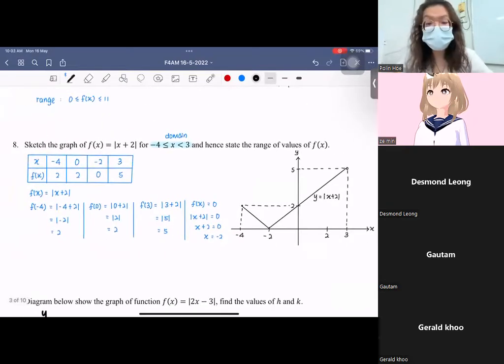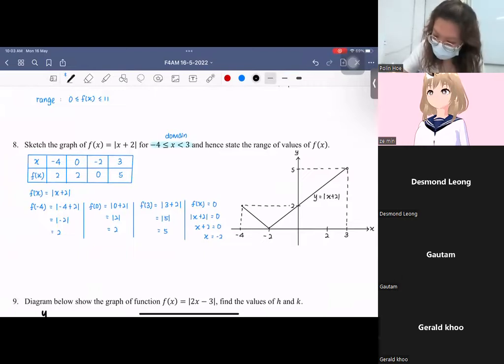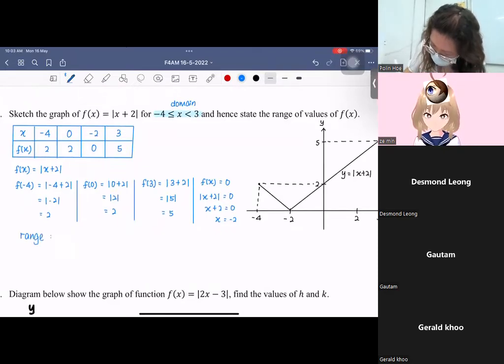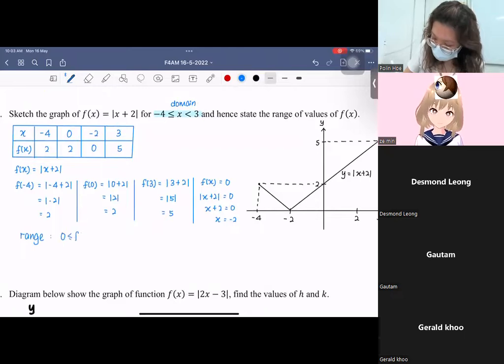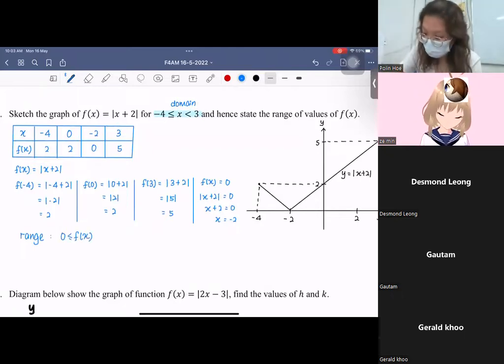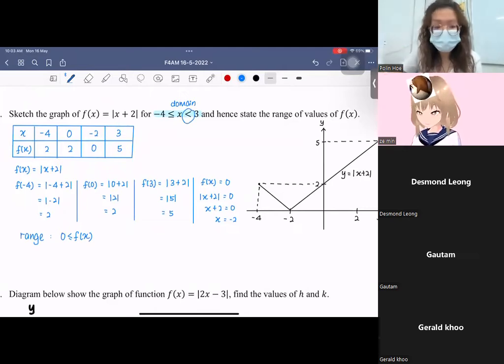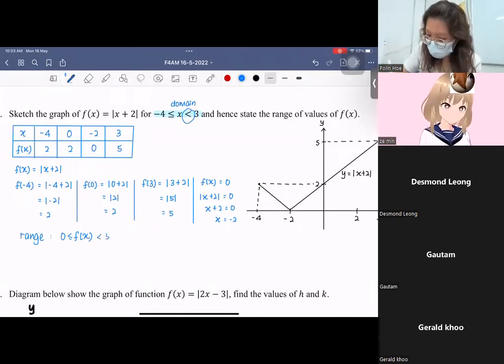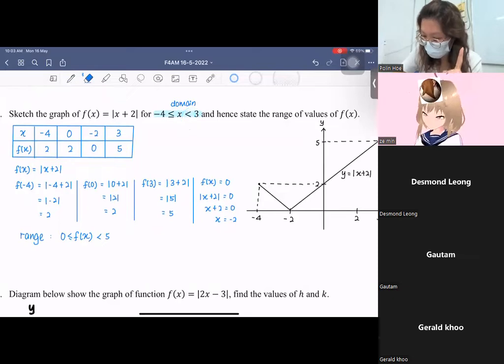And of course, the range will be from 0 to 5. For this one, it is not equal to, so f(x) is only smaller than 5, but not equal to 5.